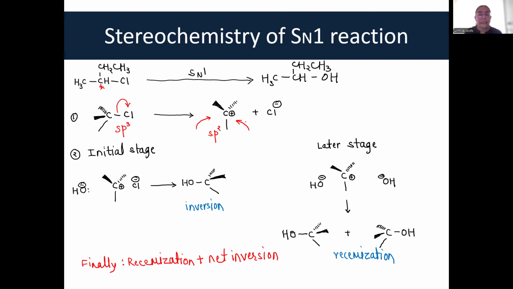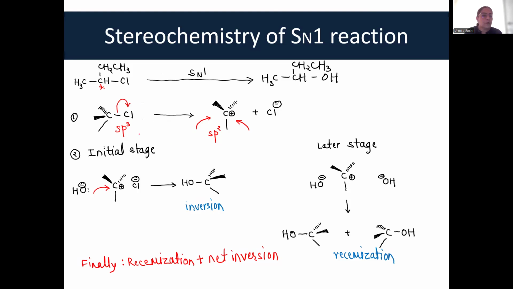But that doesn't happen. Why? Just imagine, a carbocation is formed, but the Cl minus, which has been separated from the carbocation, just lies in the vicinity of it. Now, when Cl minus in the initial stages lies in the vicinity, OH has no choice but to attack from the opposite side.